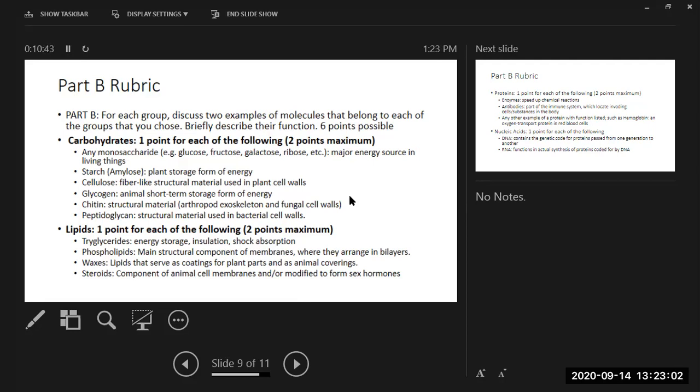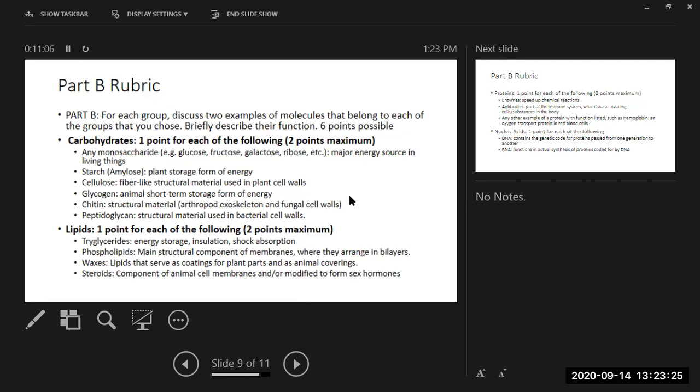So if you had carbohydrates, if you mention any of the monosaccharides we talked about, glucose, fructose, galactose, even the nucleic acid sugars, ribose, deoxyribose, you get a point if you also said their function. It's just energy. Energy, energy, energy.